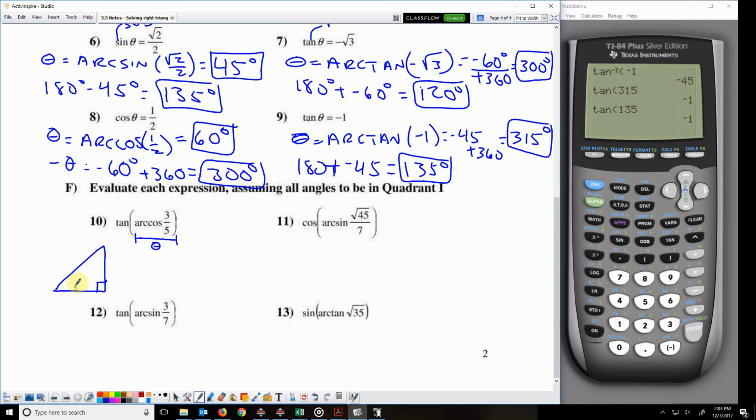What that really tells me is that these numbers are adjacent and hypotenuse because it's arc cosine. By Pythagorean theorem, a common Pythagorean triple is 3, 4, 5, so that one right there is going to be 4. Tangent is opposite over adjacent, 4/3.